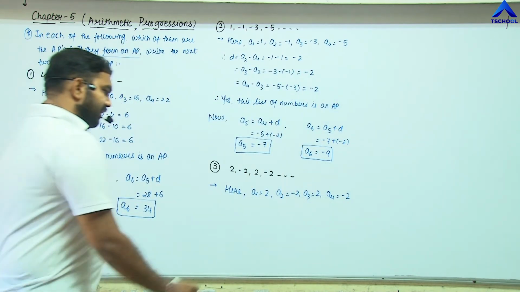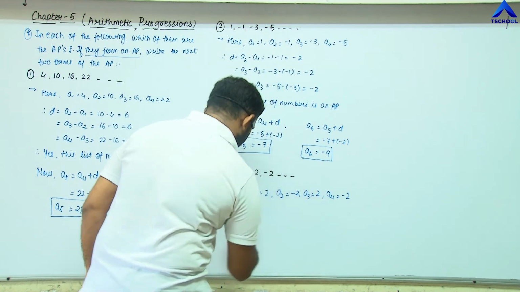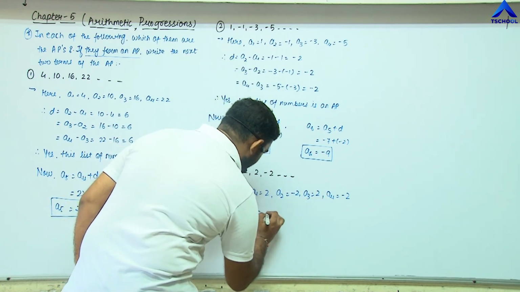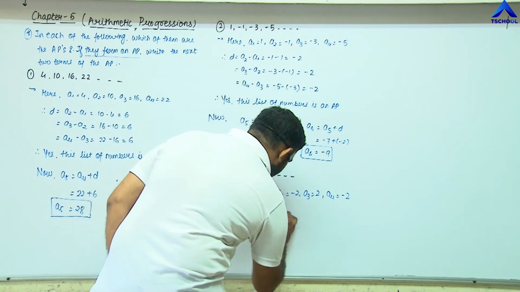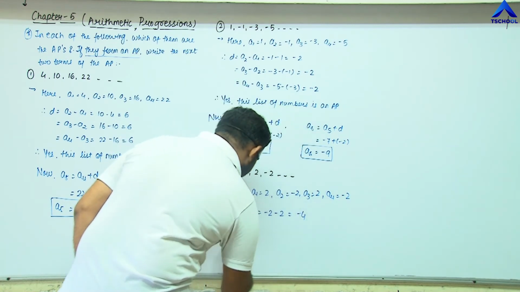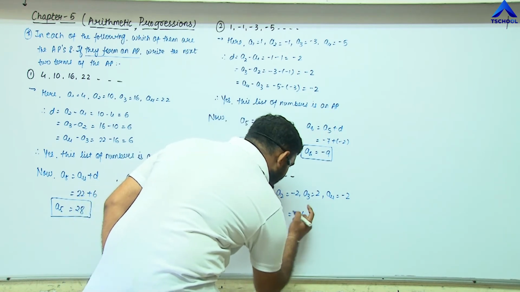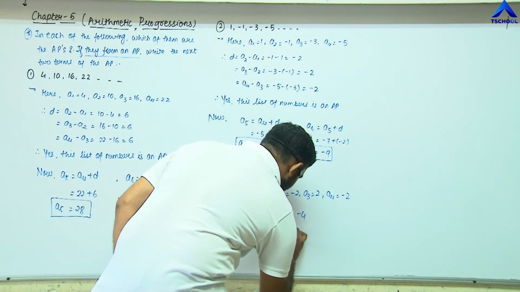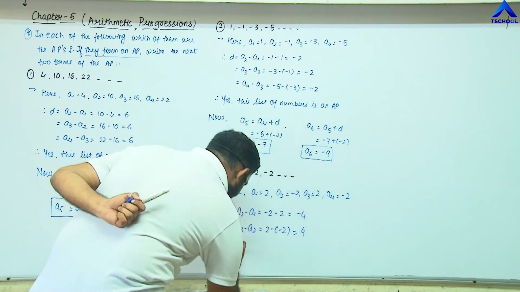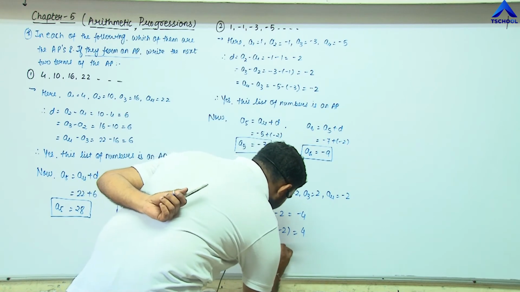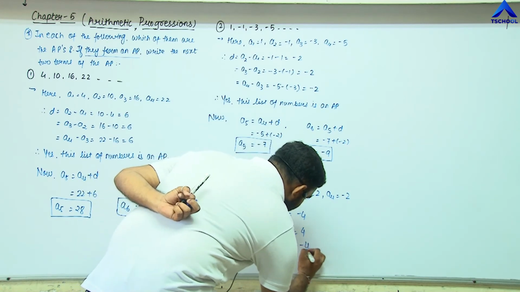Checking for the common difference, d equals a2 minus a1, that is minus 2 minus 2, which is minus 4, and a3 minus a2, that is 2 minus minus 2, which is 4, and a4 minus a3 is again minus 2 minus 2, that is minus 4.